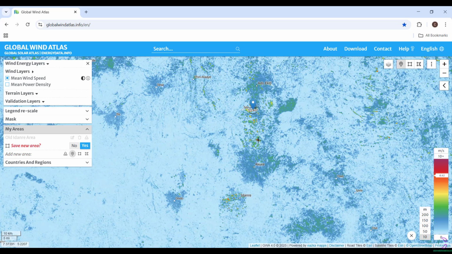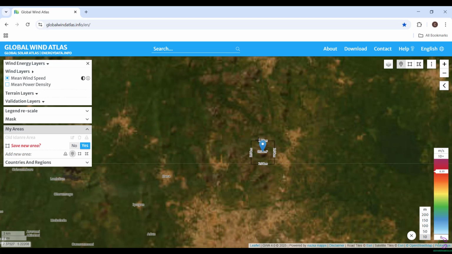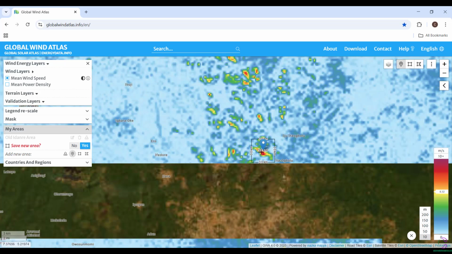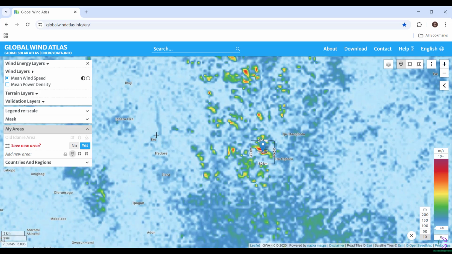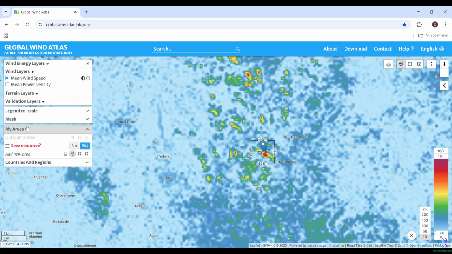So if we pick out this location, you can actually save it and get the coordinates.